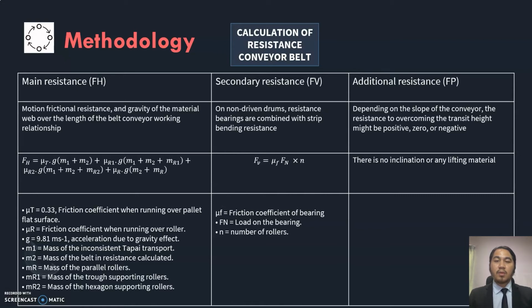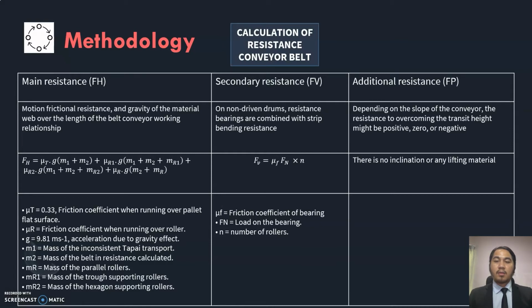The bearings used in the conveyor are the groove ball bearing and pillow block bearing. Inside the housing of the pillow block bearing is the angular contact ball bearing. This is the equation to find the secondary resistance.